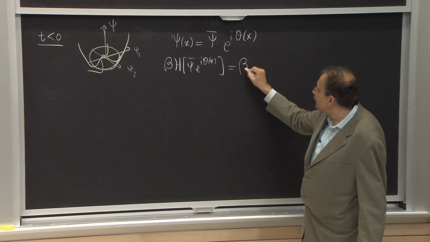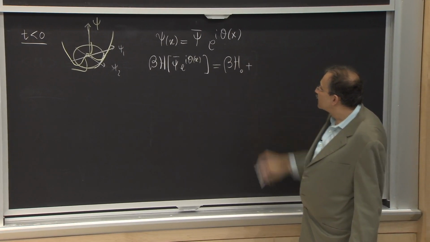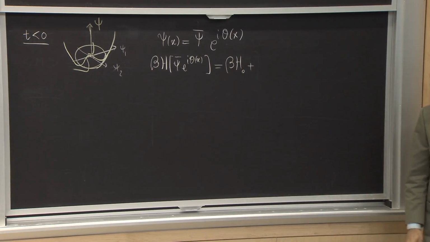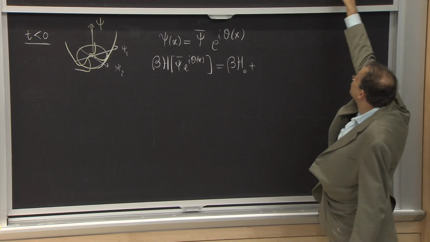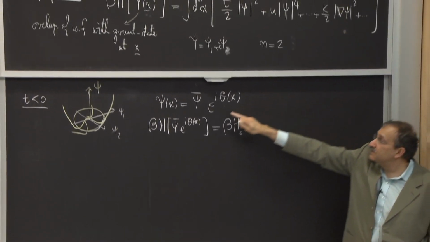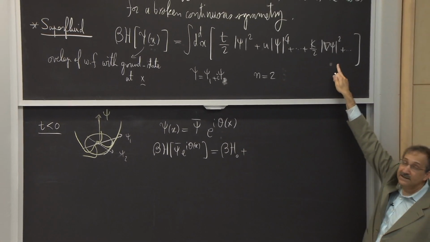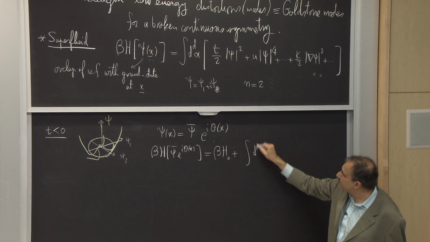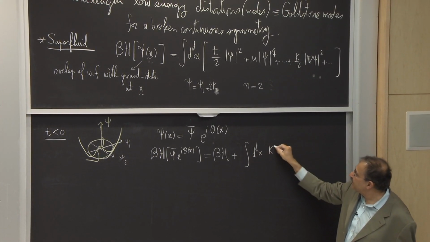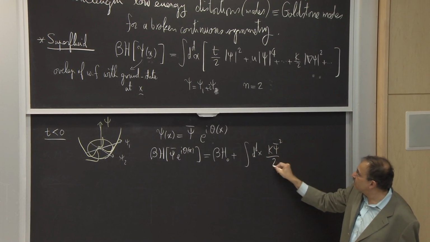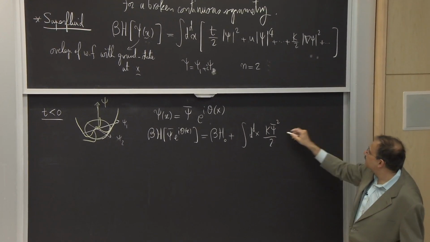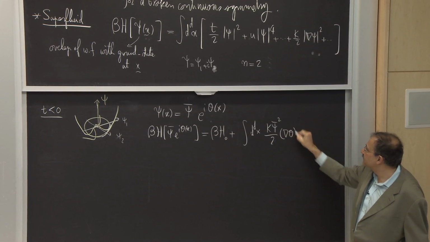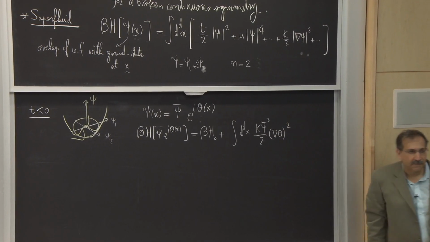So let's write that as beta h0 plus this additional cost. The additional cost comes from this term. If I simply put psi bar e to the i theta over there, I will get an integral d^dx K psi bar squared over 2 gradient of theta squared. Okay?